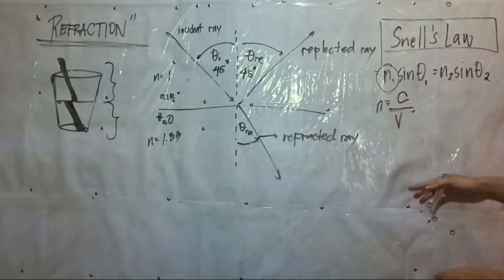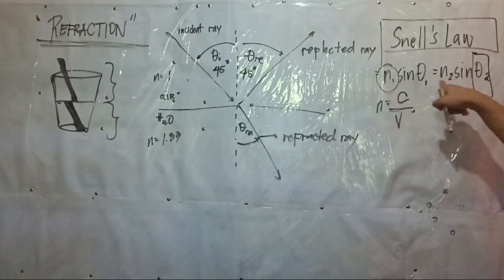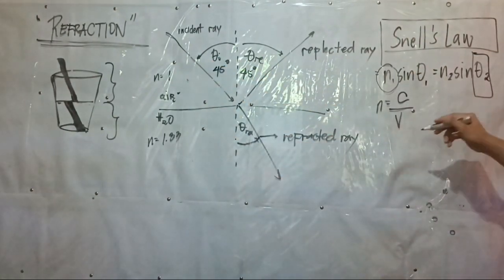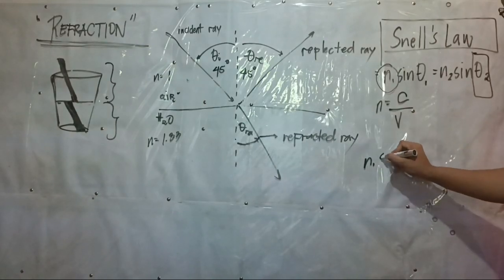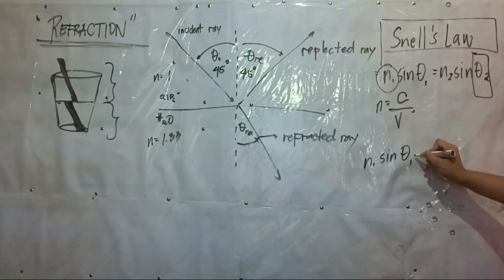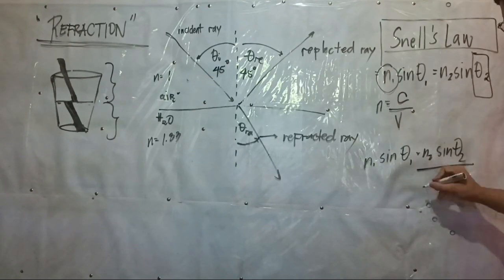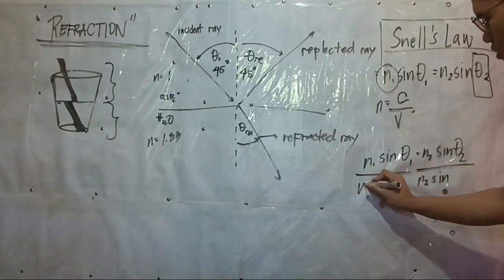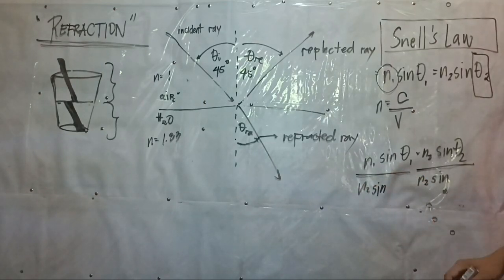Now, we're going to find theta 2. Theta 1 is equal to our angle of incidence. To find theta 2, we divide both sides by N2, so we can cancel out the N2 on the right.